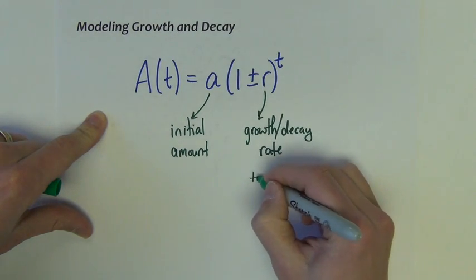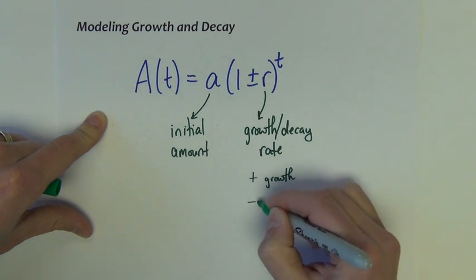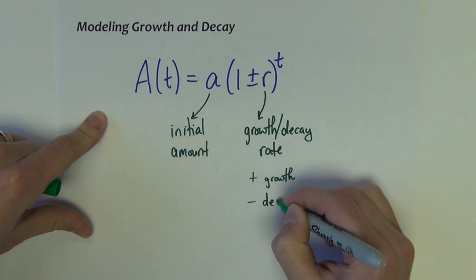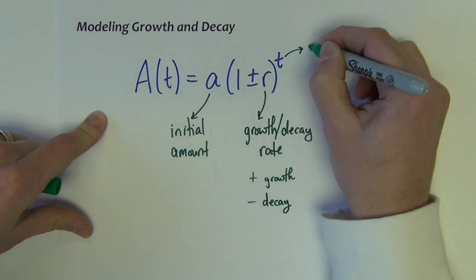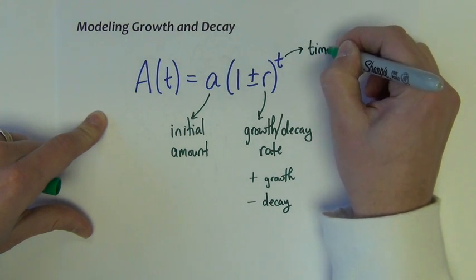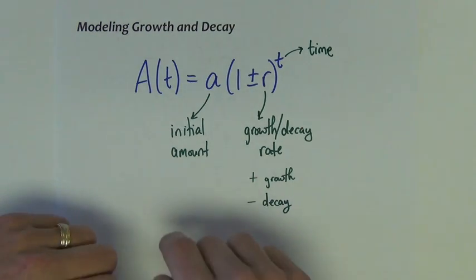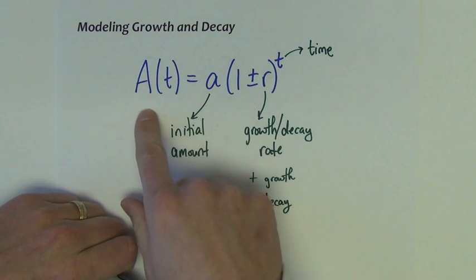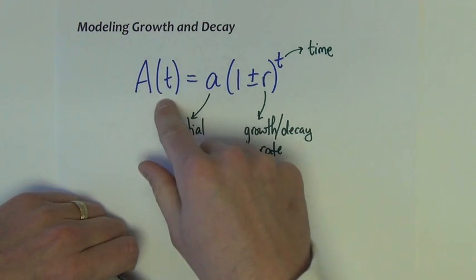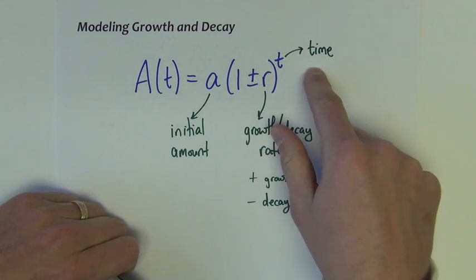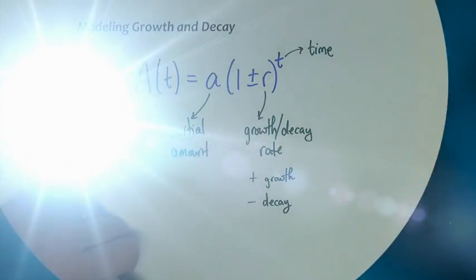Use plus if the problem is describing growth, use minus if the problem is describing decay, and the t is just simply your length of time. Sometimes we have a length of time and we want to know how much of something we have after a certain amount of time. Sometimes we know how much we have and we want to know how long did it take to have that certain amount.